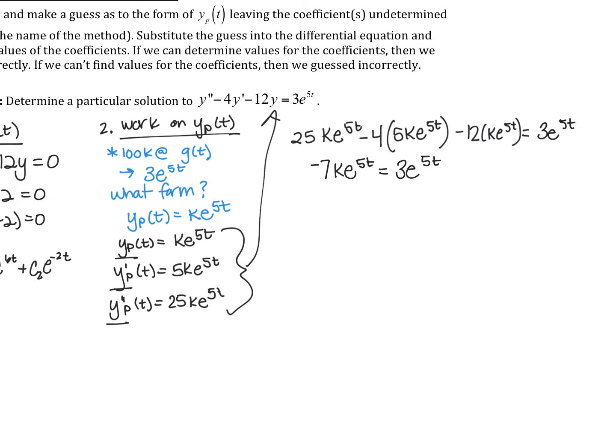If my goal is to solve for k, what does k equal? k equals negative 3/7. That's fantastic, right? So if that's k, then my particular solution in this problem is negative 3/7 e to the 5t. That's my particular solution.